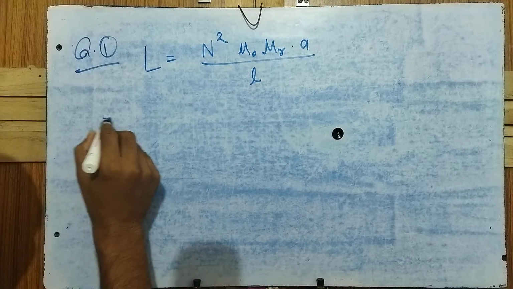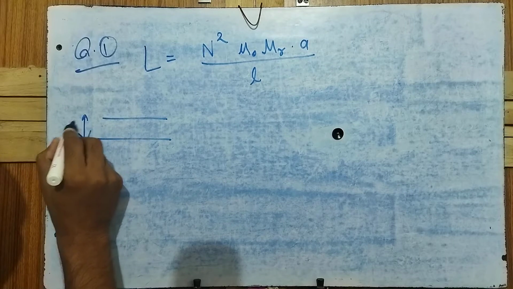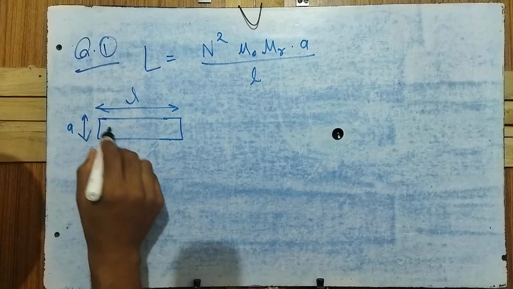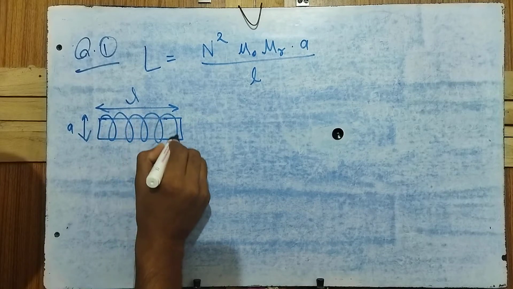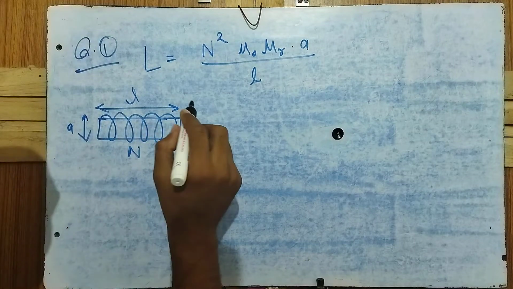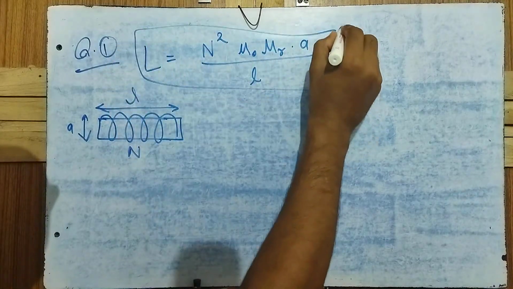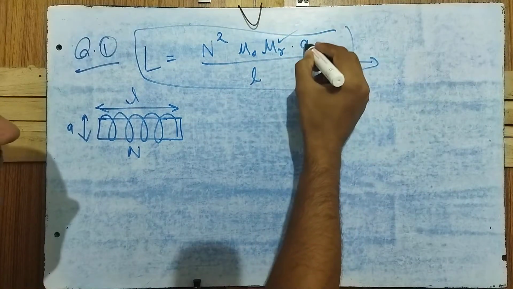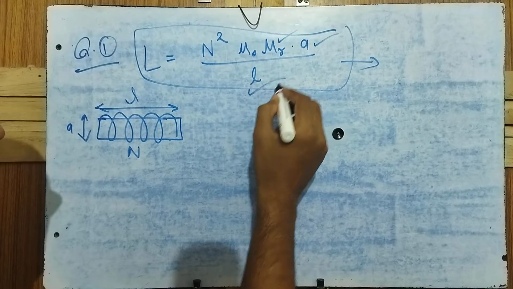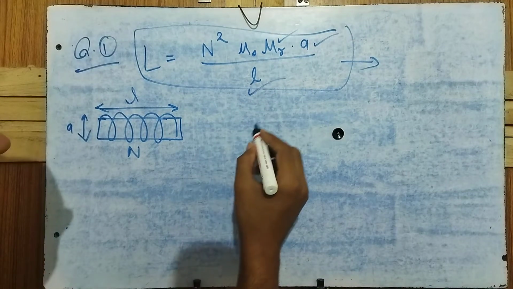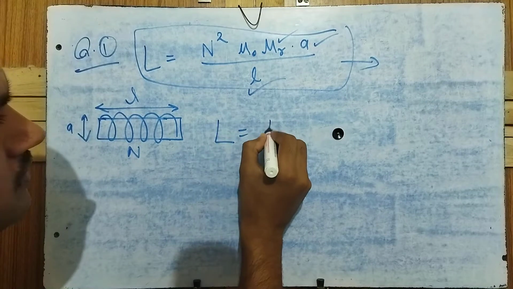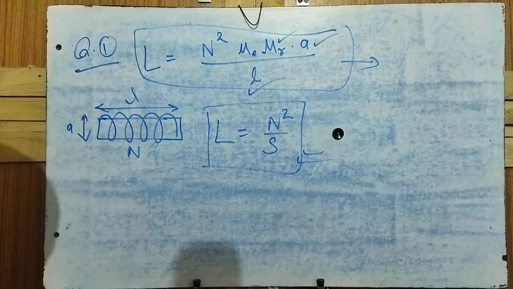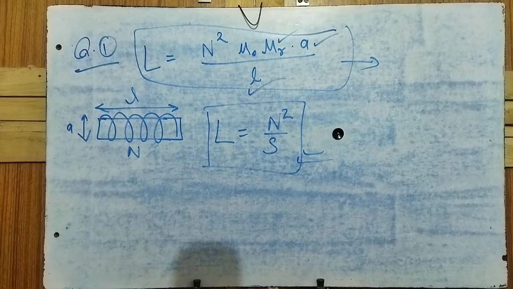Here, if a core has cross-sectional area A, length l, and the number of turns is N, then the inductance depends on the permeability, A is the cross-sectional area, and l is the length of the core, right? We can write it as L = N²/S, where S is reluctance. So that was the first question.